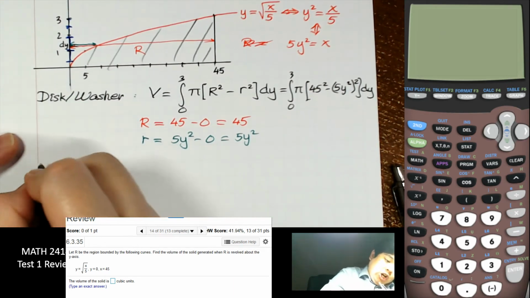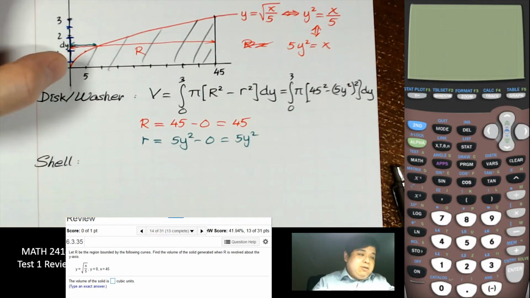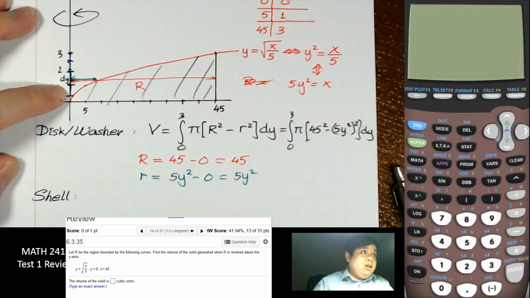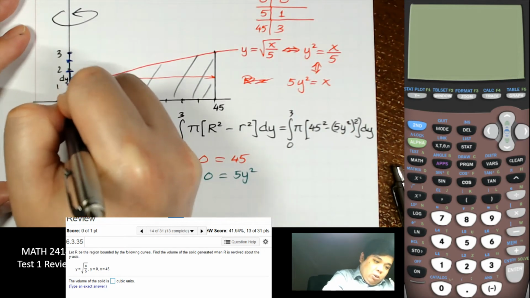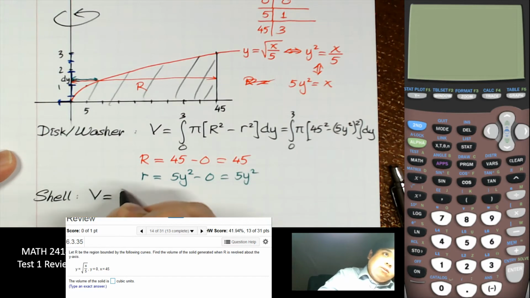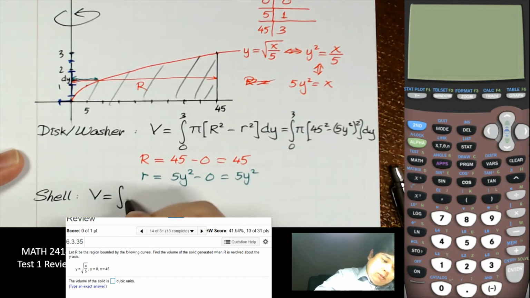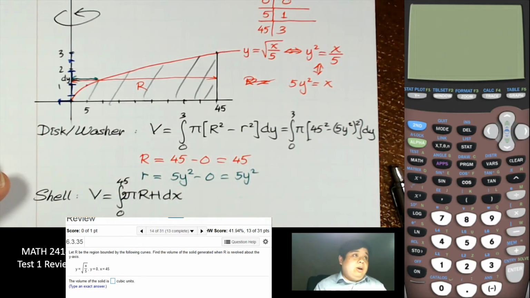And now let's say the shell method. If this is the axis of rotation, the same method we use the one perpendicular to it, which is the x. Two pi r h dx, x goes from 0 to 45. Right, now the height. Now the shell method is different.